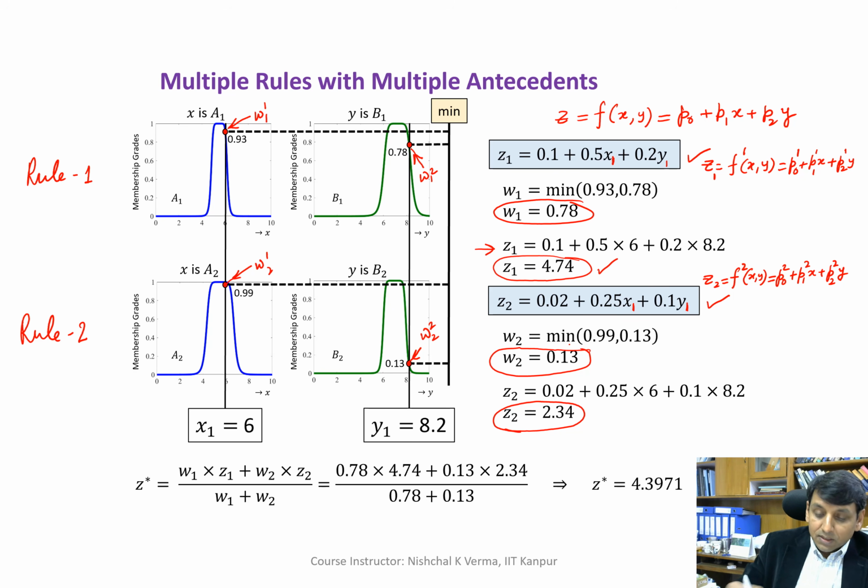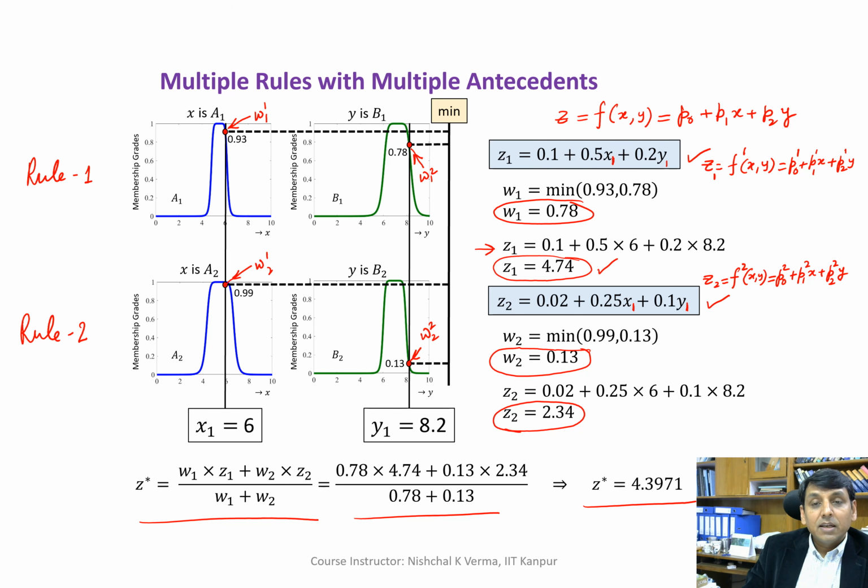Now, since we have two rules here and corresponding to each rule we have its output, we take the weighted average of them to get the final output. So the final output, we take the weighted average, and this way we get Z is equal to 4.3971.